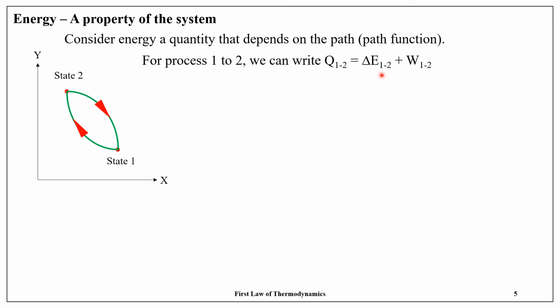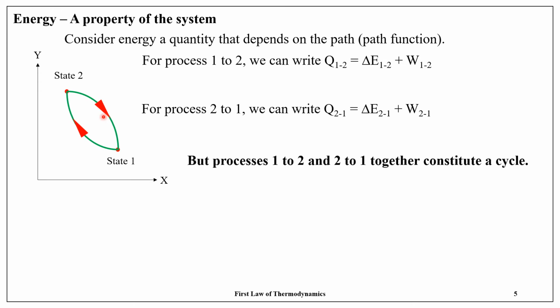Therefore, we are not writing E1 minus E2. We are writing del E1 to 2. Similarly, for process 2 to 1, we can write Q2 to 1 is equal to del E2 to 1 plus W2 to 1. And now process 1 to 2 and 2 to 1 together constitute a cycle.